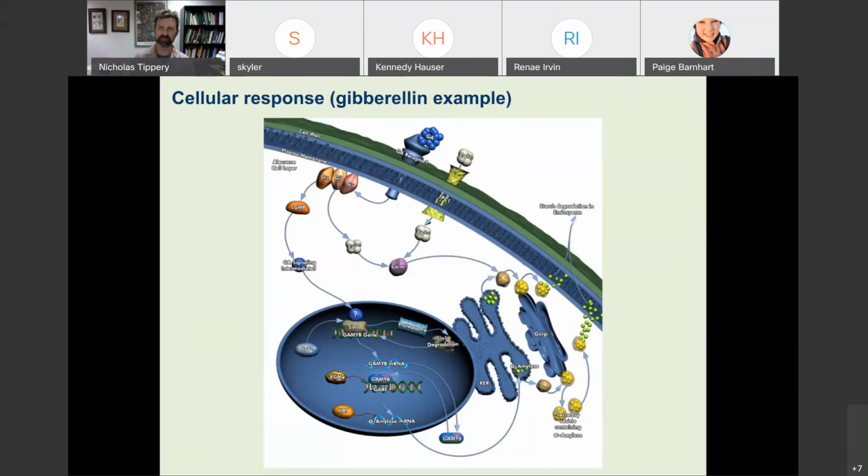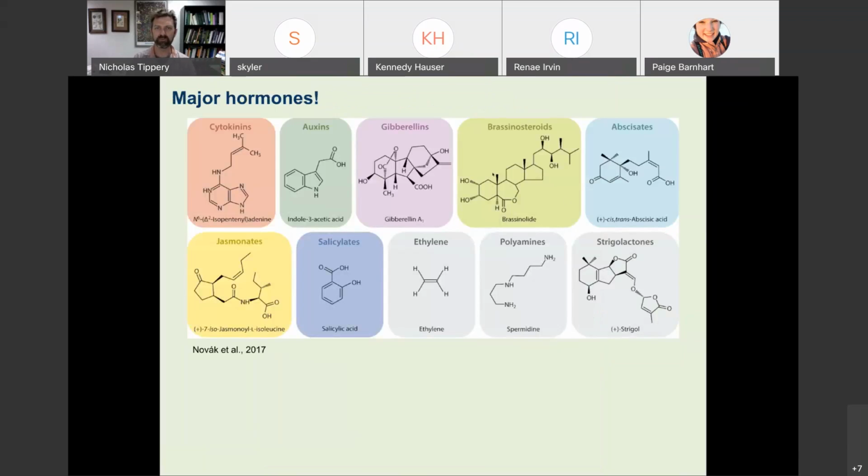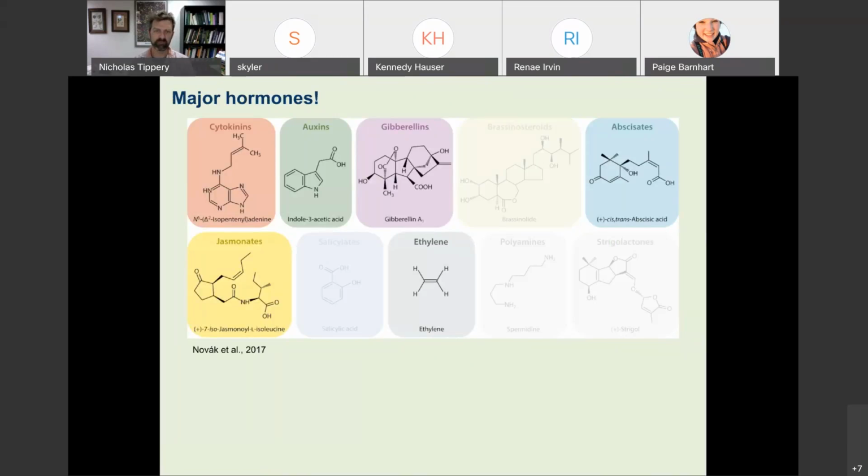And as part of seed germination, that embryo is going to need some energy to get going. So you kind of see the signal and the results all in this one diagram. So gibberellins are one class of hormones, as are a bunch of these other ones. Seems like more keep getting discovered.